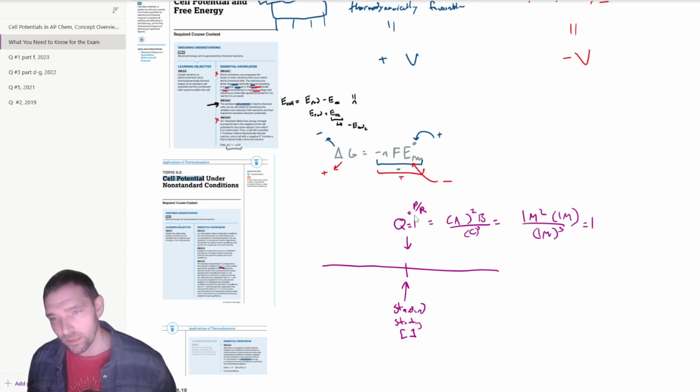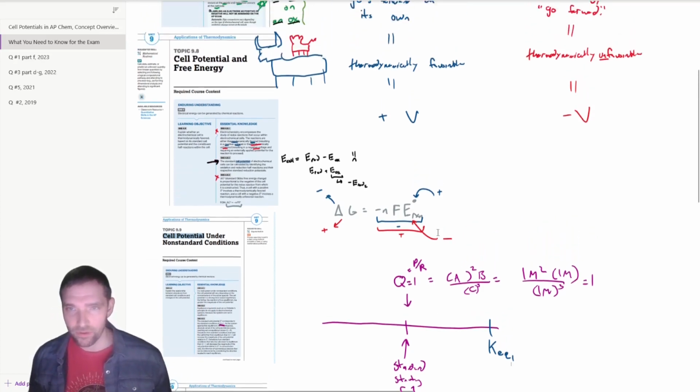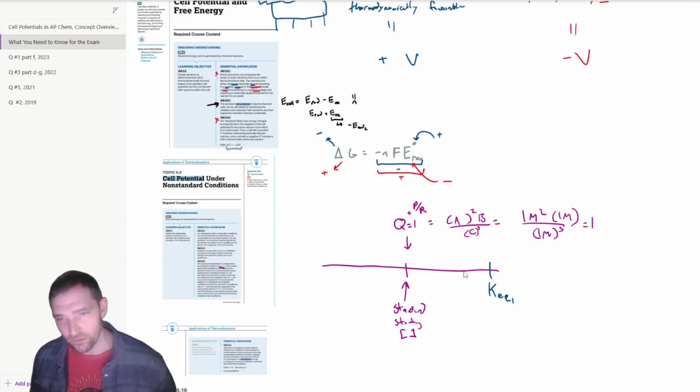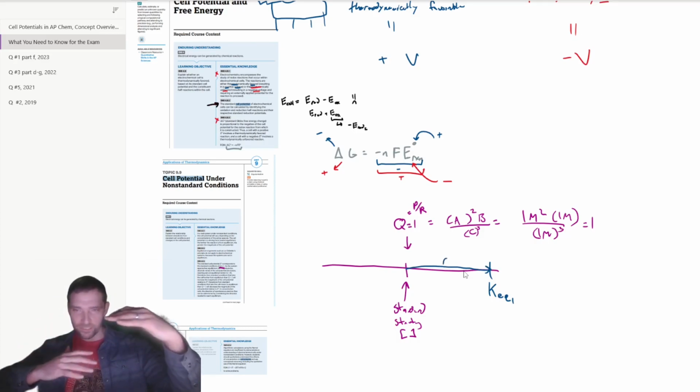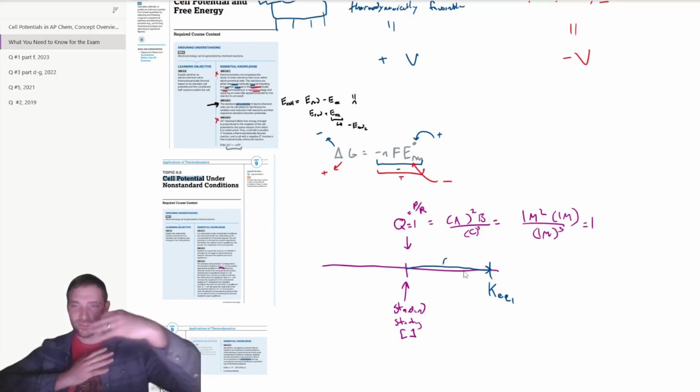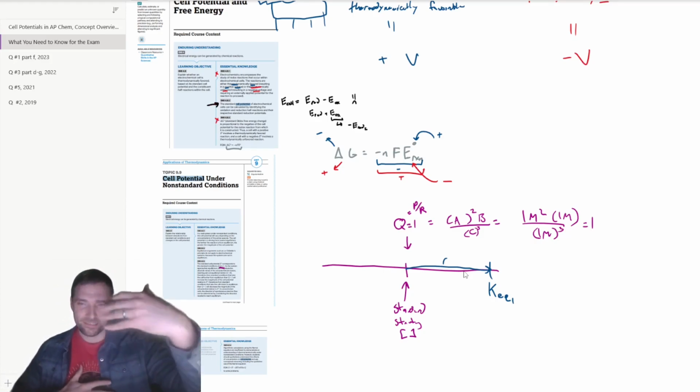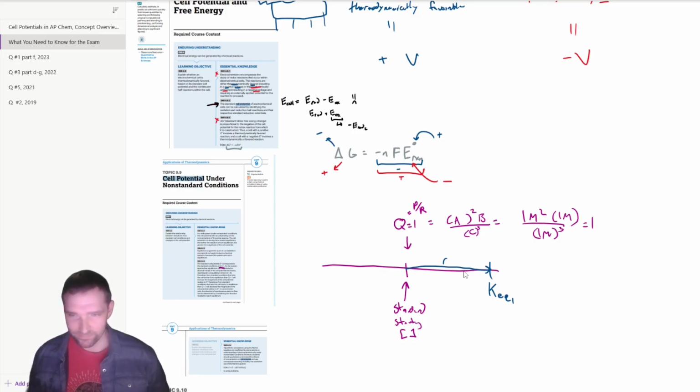So you can think about K equilibrium for one thing that's thermodynamically favorable, where the K is over here. So it is going to readily move over and make more products. So it needs to go from here to there. That difference right there corresponds to how much energy or voltage it needs to use, or give off, to go from here to there.